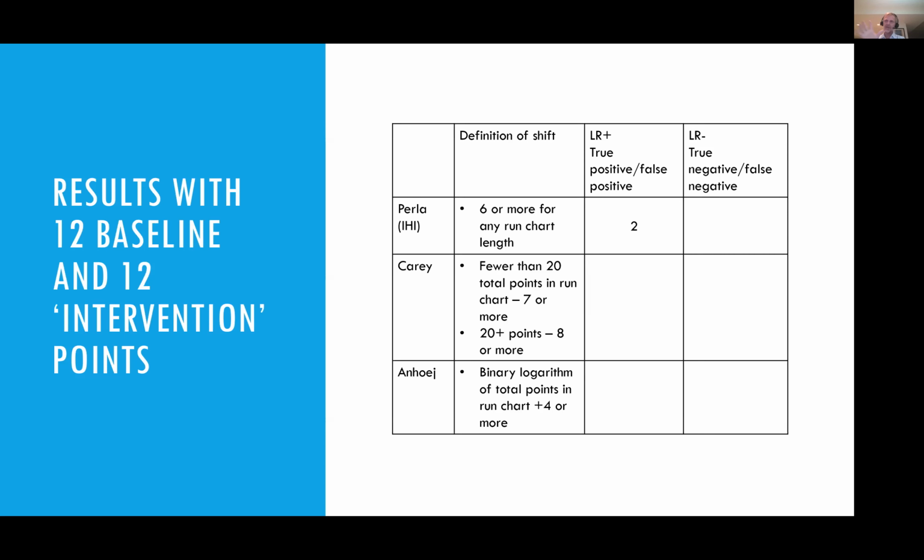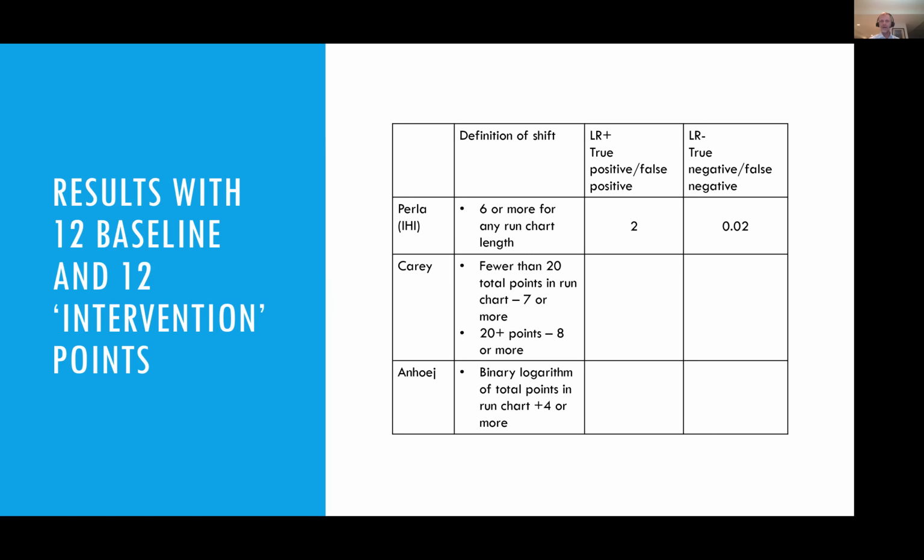So out of every 3 shifts, 1 of them is a false positive. It showed up in a simulated data set that didn't actually have any change. So it doesn't perform very well. A positive shift with 6 data points doesn't give us that much information. Not seeing a shift makes us very confident that there was no change in the data. Okay, so the negative likelihood ratio is very good, right?